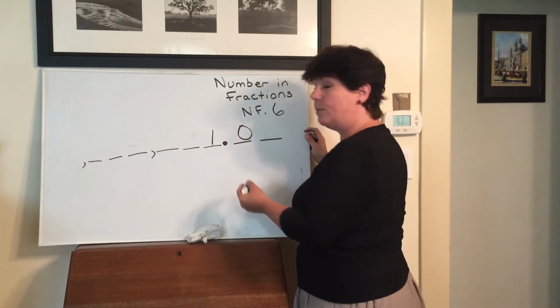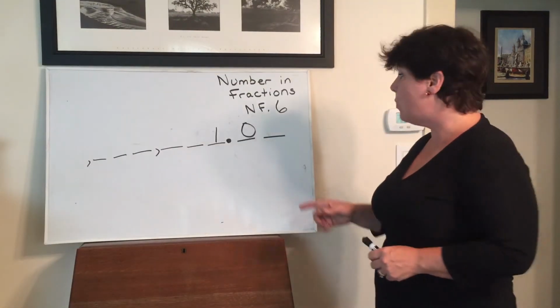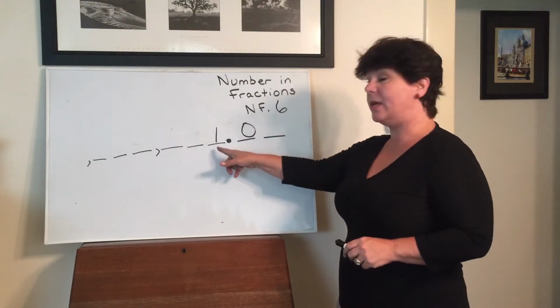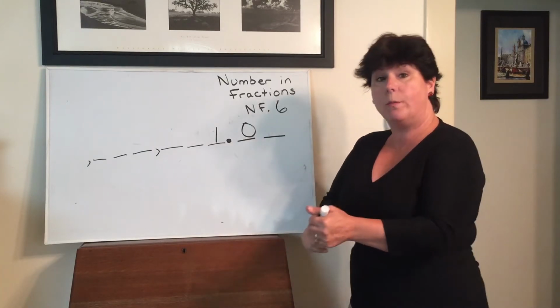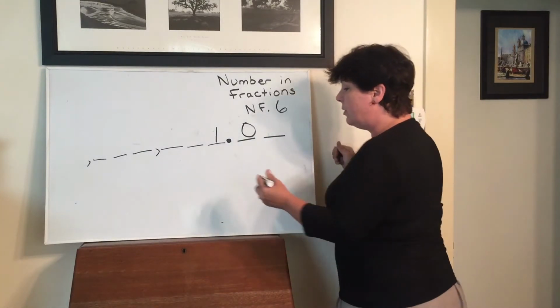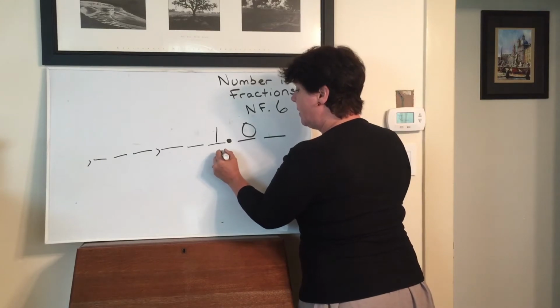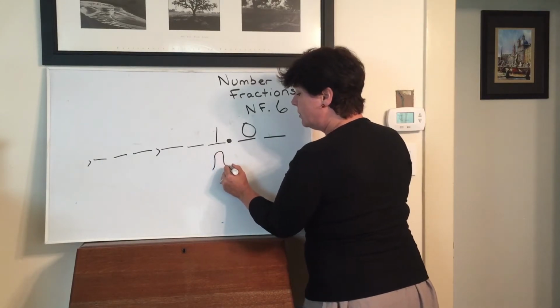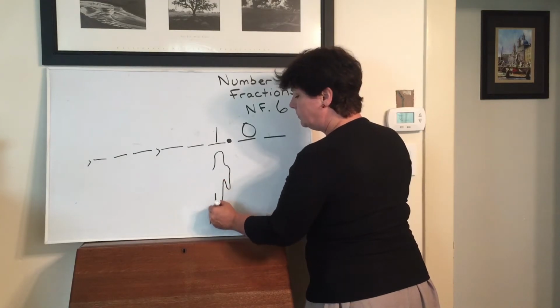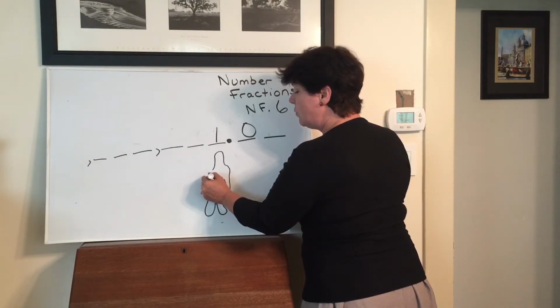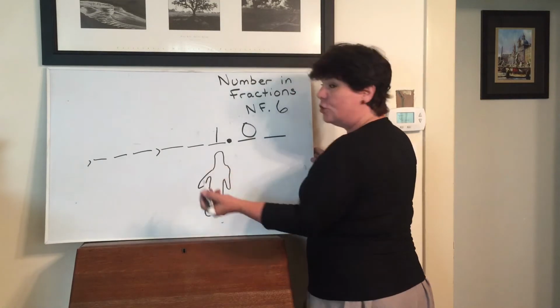How many pieces has Barbie been chopped into? Because I put a 0 there, it's like saying I have the equivalent of one whole, but the one whole is now chopped up.